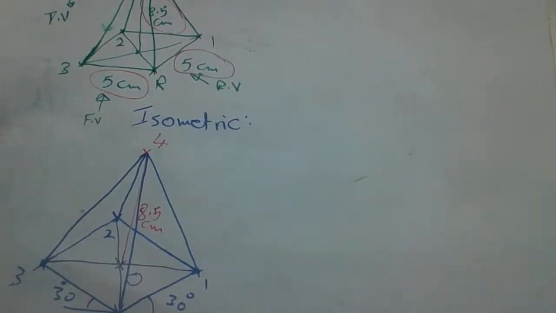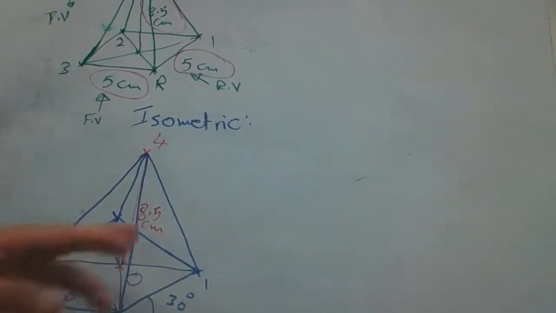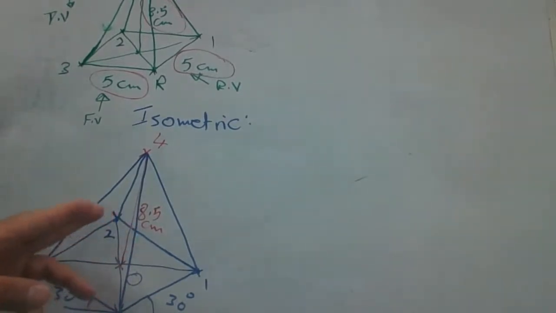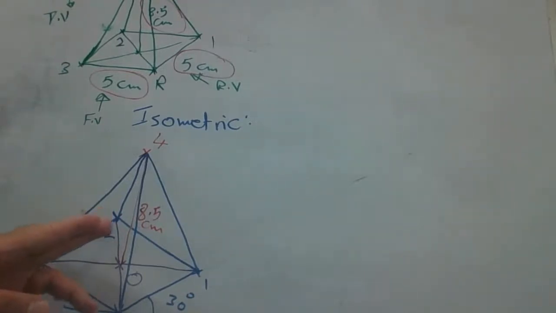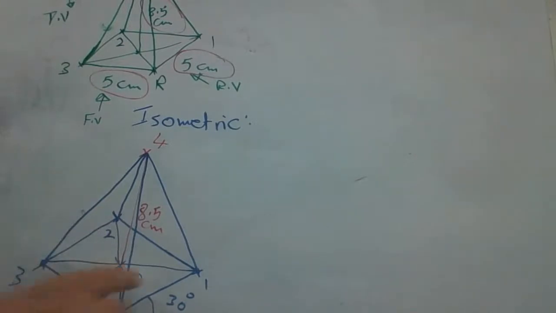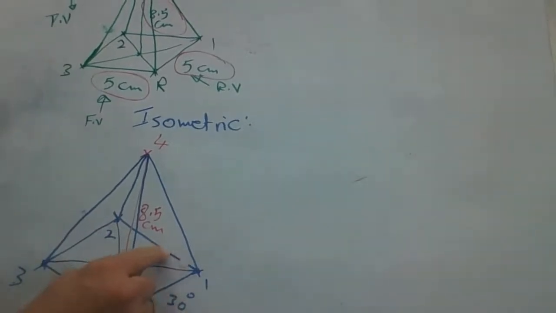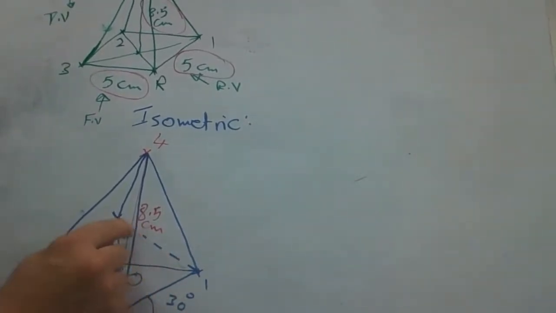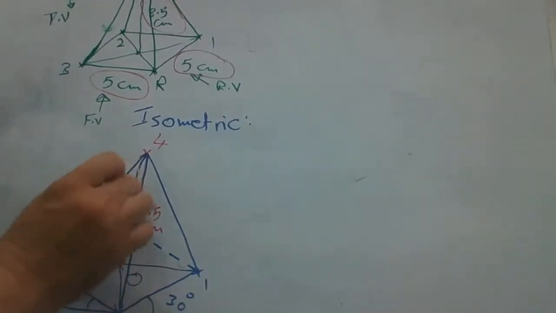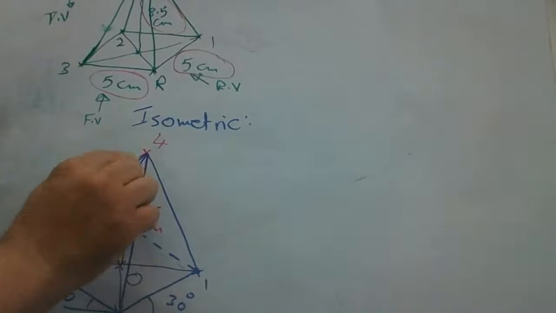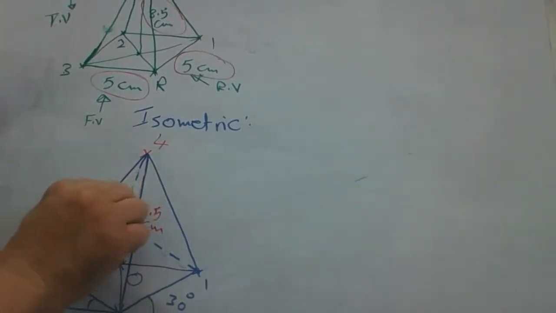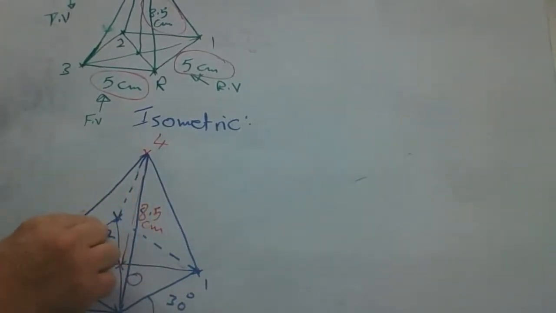Now, the remaining thing here is point 2; we cannot see point 2. So all the lines going to point 2 are hidden lines. So we can erase them like this.